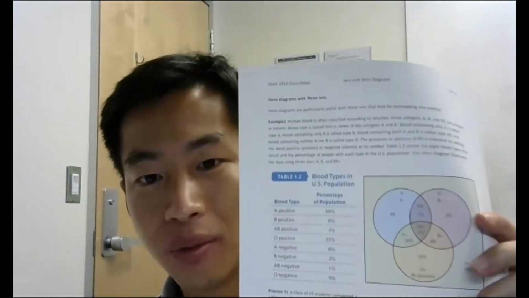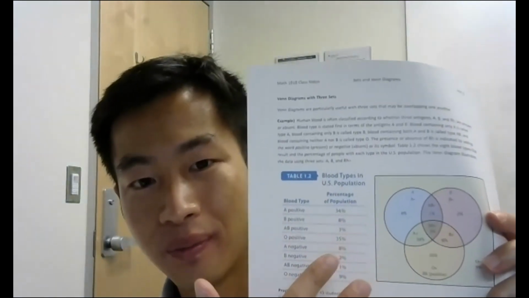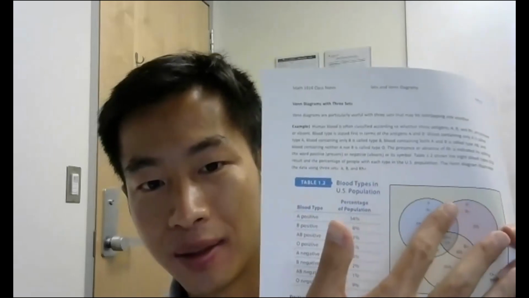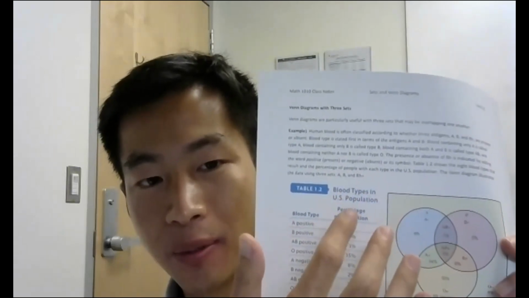If you look at the lecture notes, on the next page you will see we actually have more circles talking about blood types in the US population. But I'm not going to talk through this material. I will just leave this for your own interest. If you would like to read it, please read it. If you do not want to read it, that's fine.